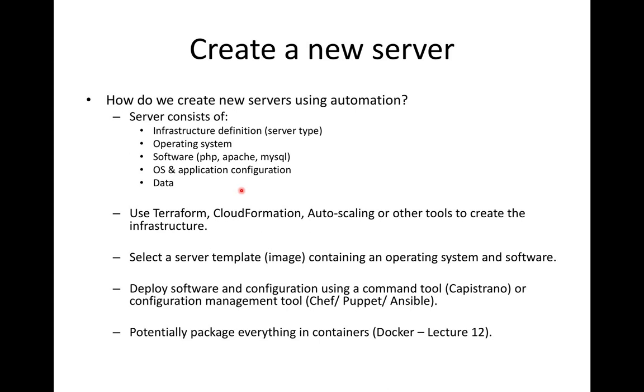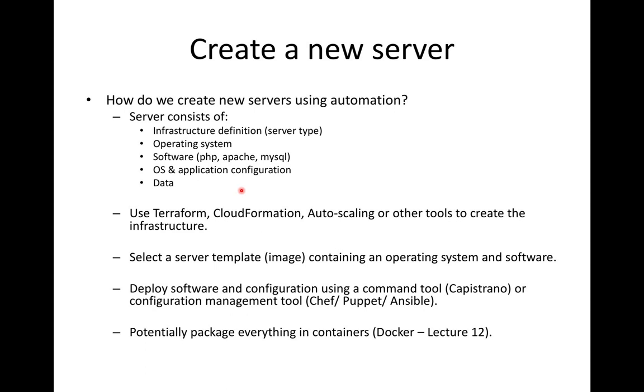But what we ultimately want to be able to do is create servers and configure servers using automation. And when we do that, you have to think about all the different components on a server that you need to configure. Every server that you work with consists of a number of different components.